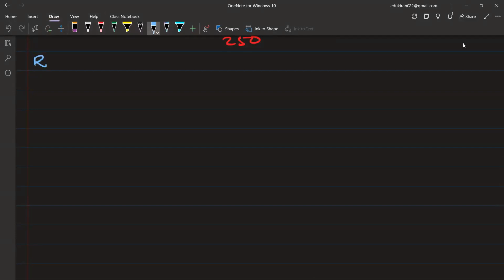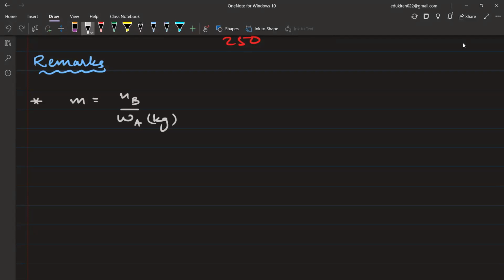Write some remarks now. These remarks are for the concentration terms that we have already seen. Please write number 1. The first point is, when we look at molality, that is small m, it is equal to the number of moles divided by the mass of solvent in kg.